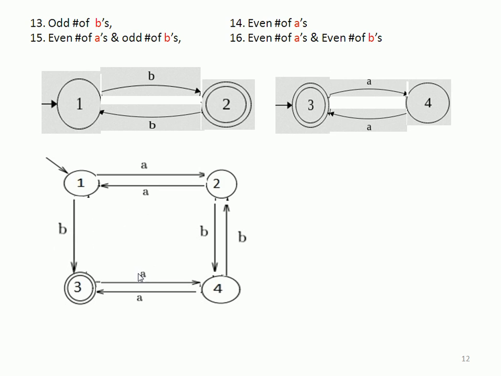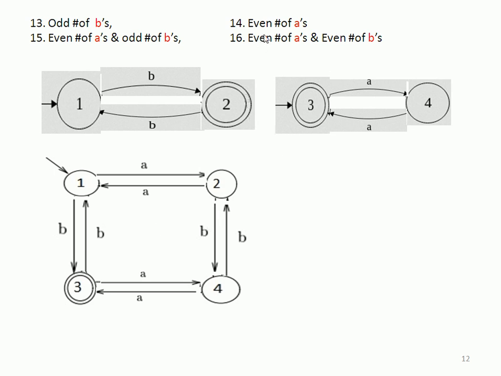On the other side, you can come from state 1 to the final state by input B, then it goes to the final state 3. In reverse, when you input B at the third state, it goes to the beginning state. So this state diagram will accept strings with even number of A's and odd number of B's.